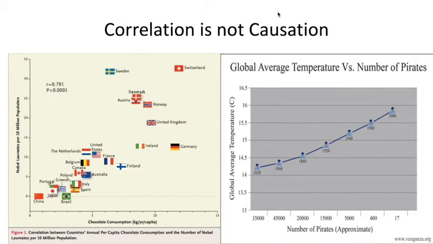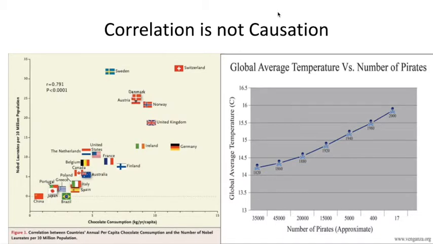This first graph on your left is the correlation of Nobel laureates per population density and consumption of chocolate. If you draw a line across these different flags, there is a very strong correlation of 0.79.